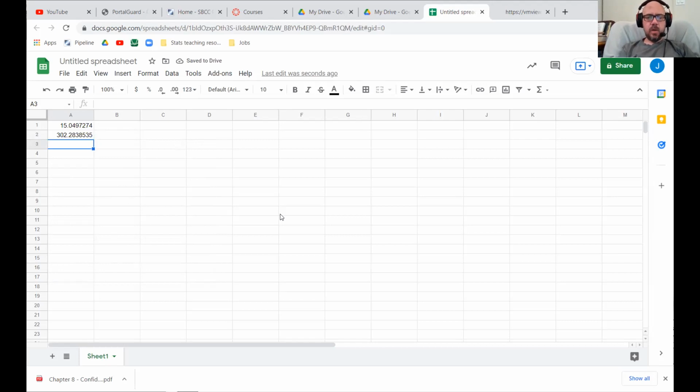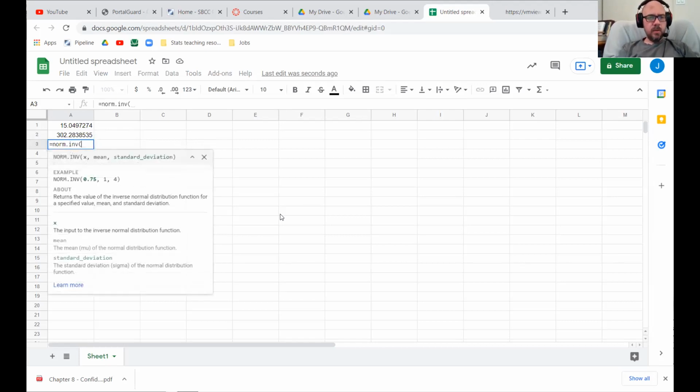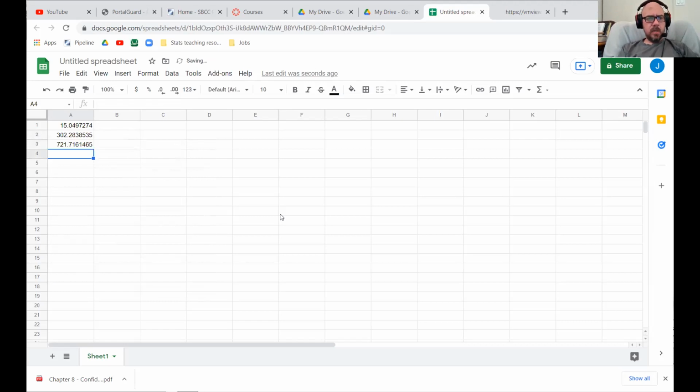And I could do equals norm.inv of 0.975 for the area to the left, a mean of 512 and a standard deviation of 107. And it gave us the same things, right? 302.28, 721.72. Great. You can do it either way.